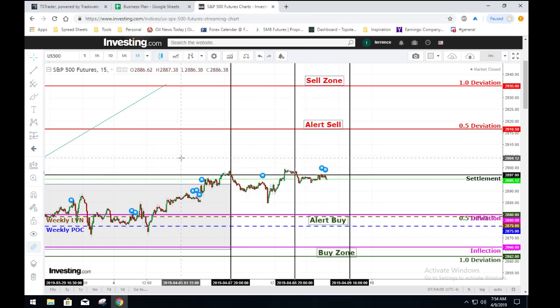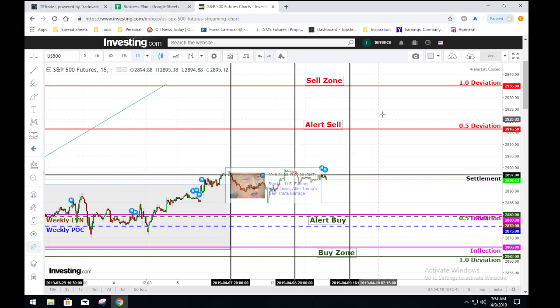This is the chart I'm showing you some stuff on in the videos. You look at 33, and if you have one deviation, you check the market close, which was 96 or 97. One deviation would be 33 above, and one deviation would be 33 below.